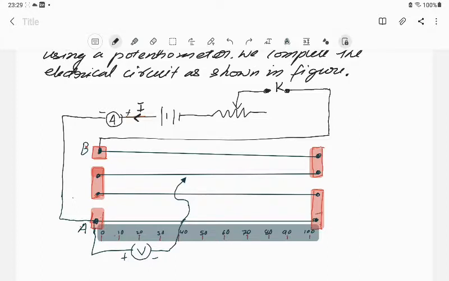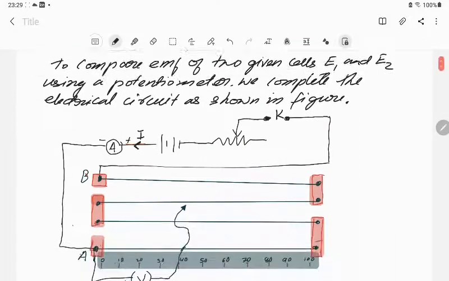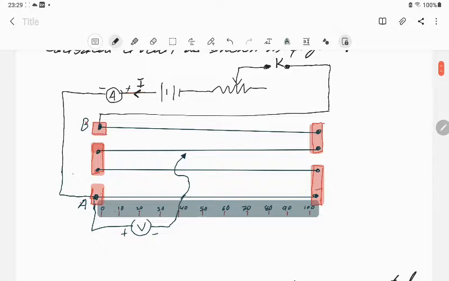So here we need two EMF, right? In order to compare, two cells means we need two EMF. So this diagram I can modify it. This is point B. Instead of writing like this zigzag, I can write it straight.